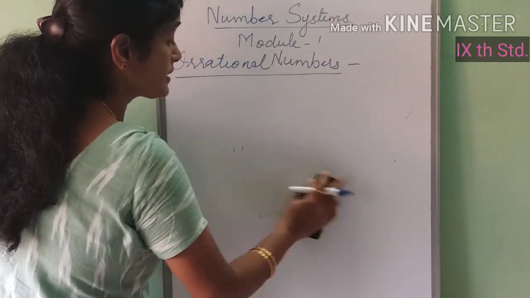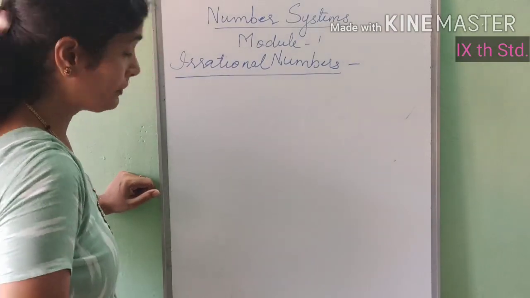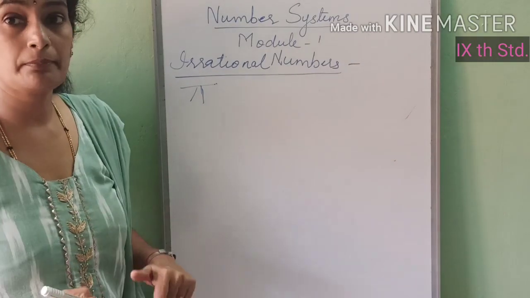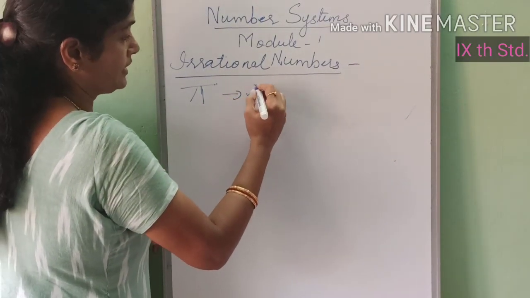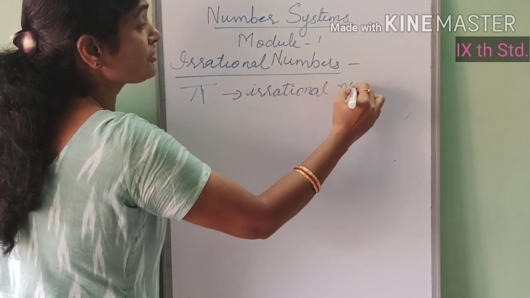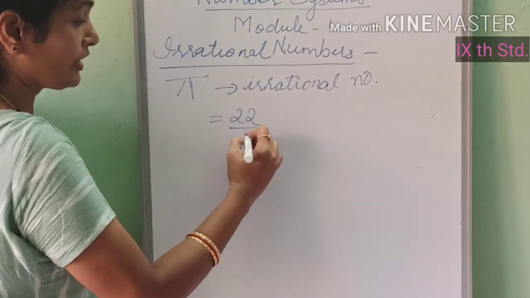Before representing that irrational number onto the number line, what do you say about this pi? What type of number is pi? Pi is an irrational number. Most of you may be having the doubt: usually madam, we take pi as 22 by 7, right?